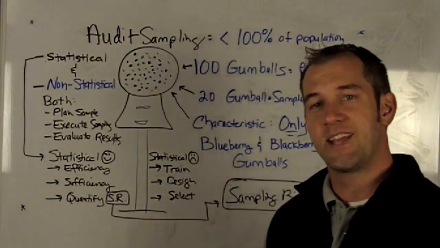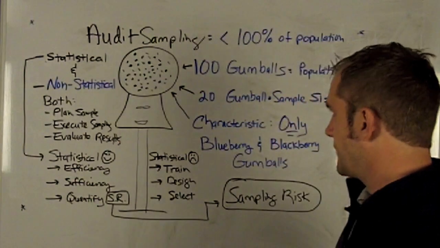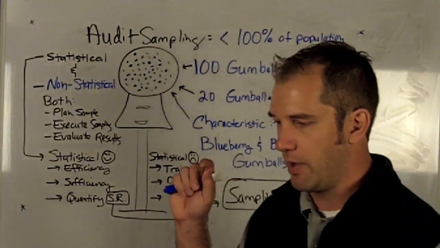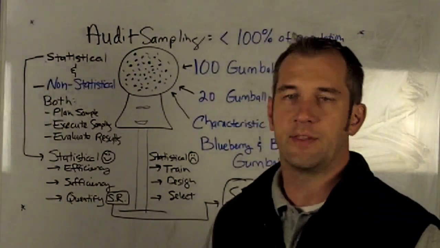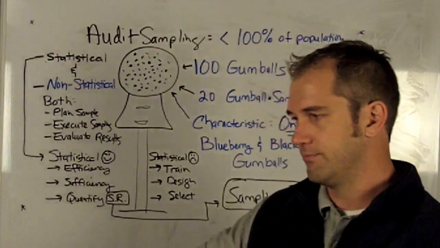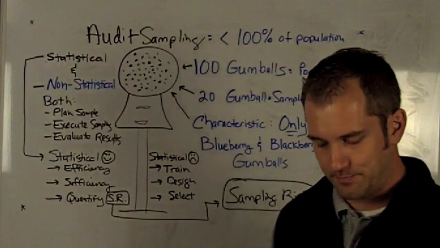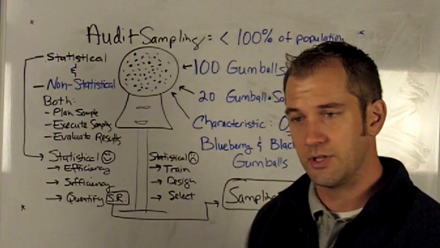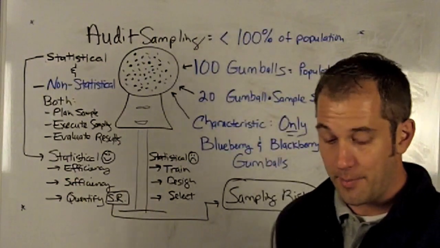It's a risk that our sampling size is too small. So if we evaluate 1 gumball and it's either blueberry or blackberry, and we say, oh yeah, the entire population is fine, but the other 99 are whatever, raspberry, well, that's sampling risk. We drew an incorrect conclusion than we would have obtained if we had audited the entire population.